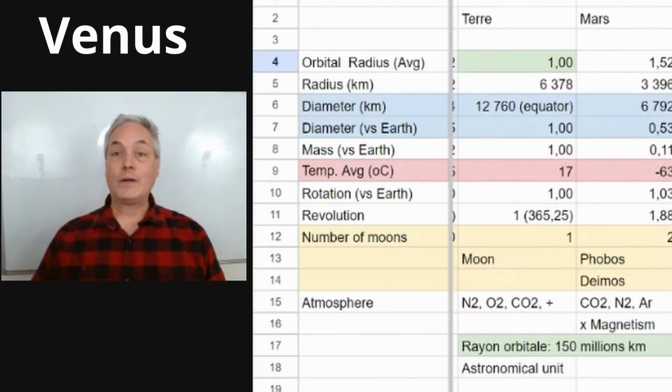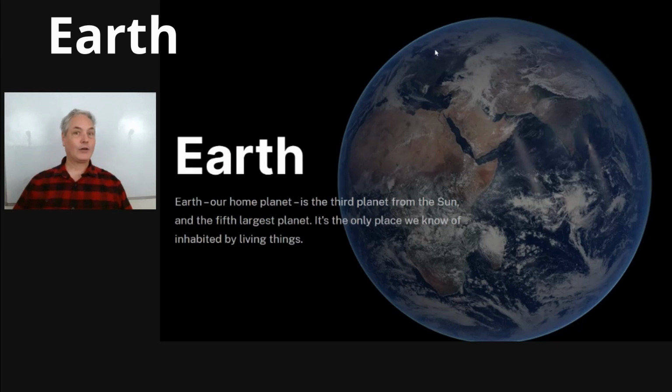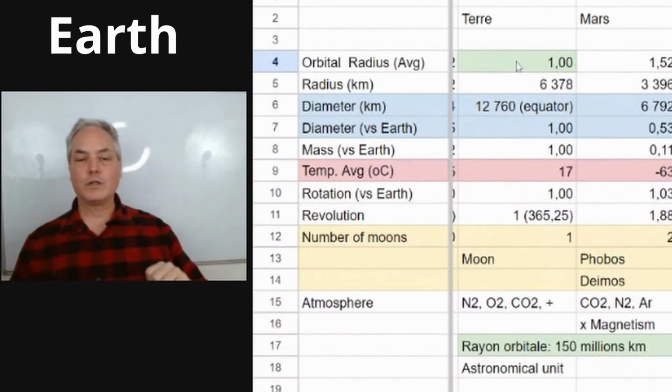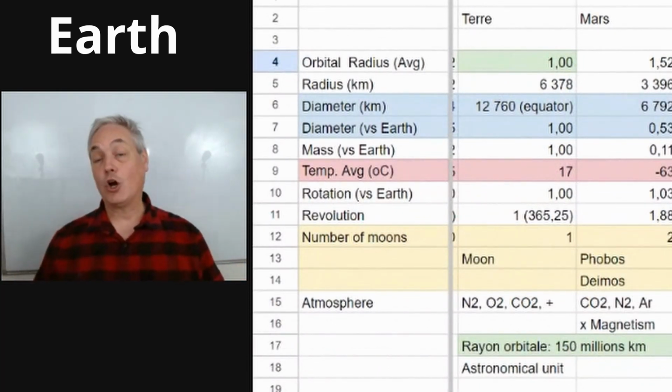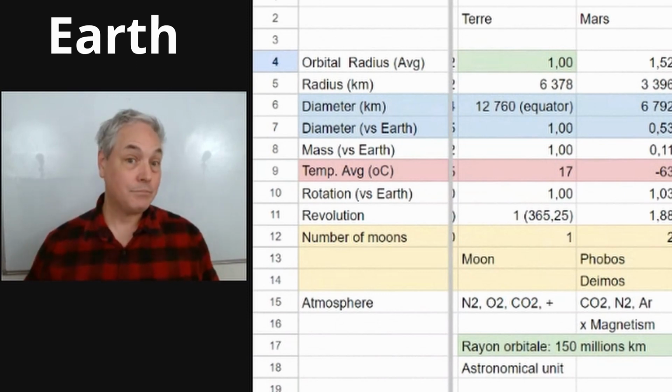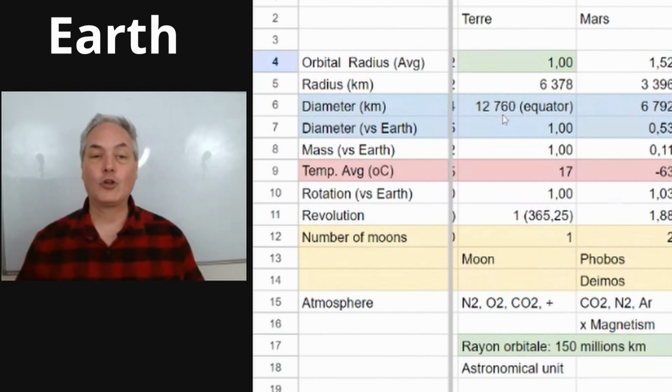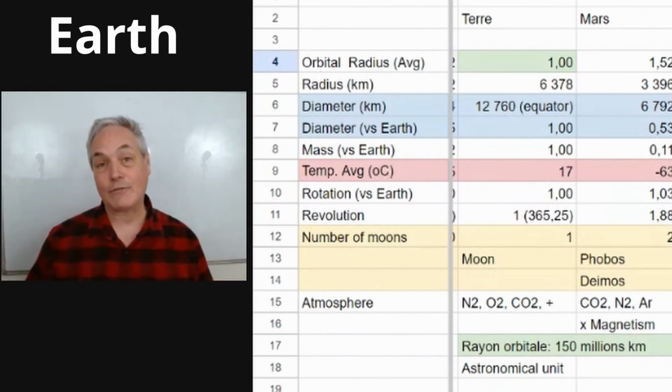Very good. So we're going to our third planet in our solar system, which is Earth. What do we know about this planet? The average radius is 1 astronomical unit at 150 million kilometers. The diameter is 12,760 kilometers. That's an average.